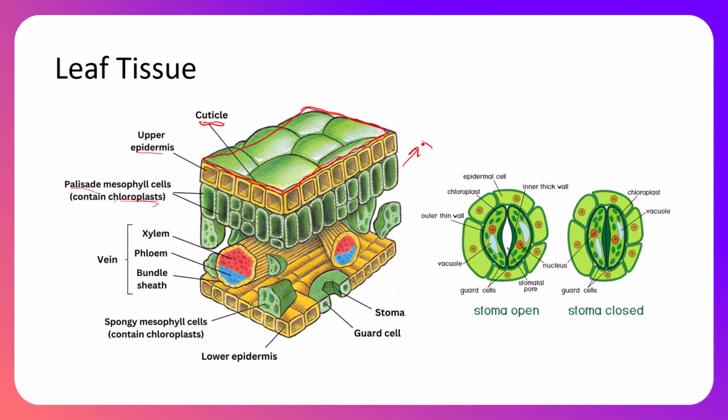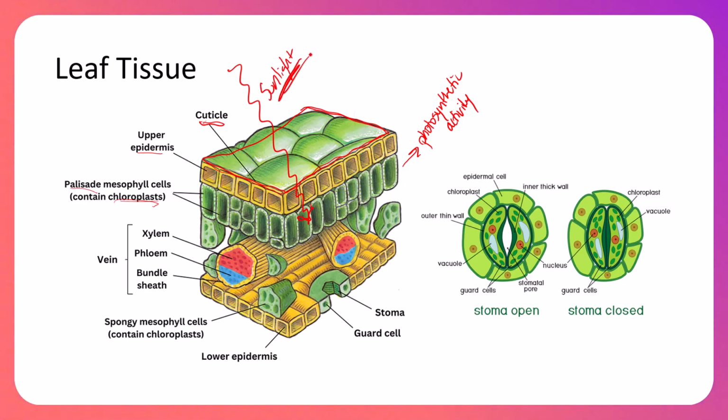So while you are looking at the palisade mesophyll, you might notice how densely packed those cells are together, and that is for the reason that Mr. Pfeiffer just mentioned, that this is the layer where photosynthesis is occurring, at least for the most part. Almost all photosynthesis in the leaf occurs in this layer, and it is densely packed as a response, and so each of those cells is going to possess many chloroplasts in order to do as much photosynthesis as possible.